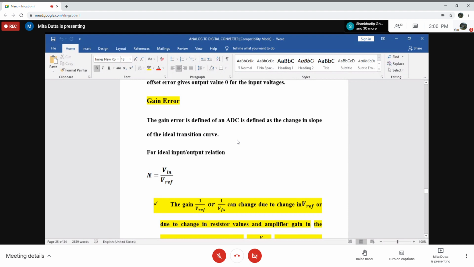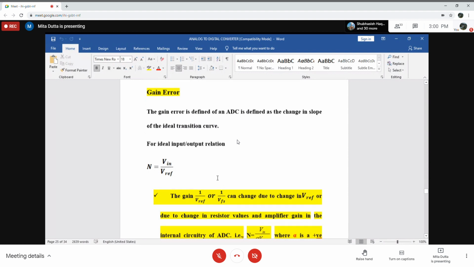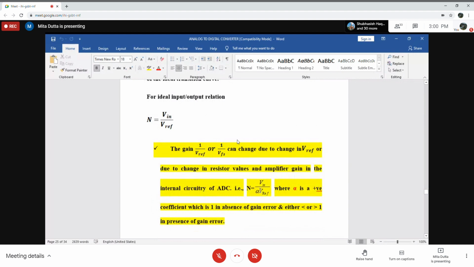This slope 1 by VREF can be represented as 1 by alpha VREF, where alpha is a positive coefficient which equals 1 in the absence of gain error, and is less than or greater than 1 in the presence of gain error. Now if alpha is greater than 1, then the slope will decrease. And if alpha is less than 1, then the slope will increase.